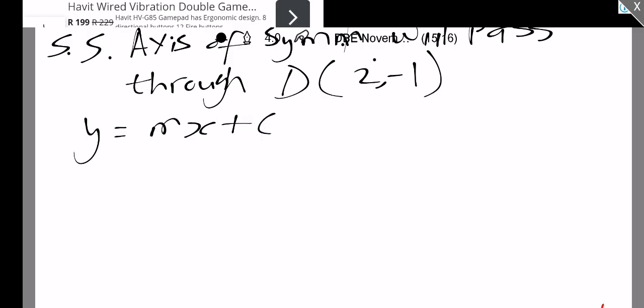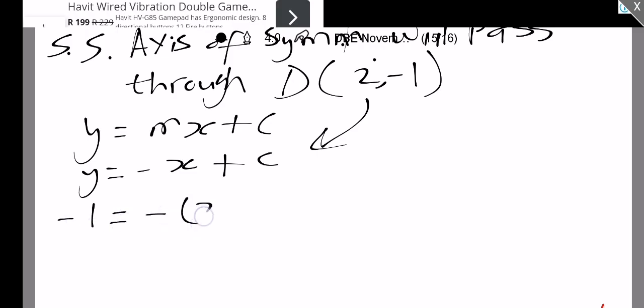We have the gradient, y equals -x. What we don't have is c, but we have a point which the graph passes through, which is D. So substitute this into the equation. It is -1 equals -2 plus c.